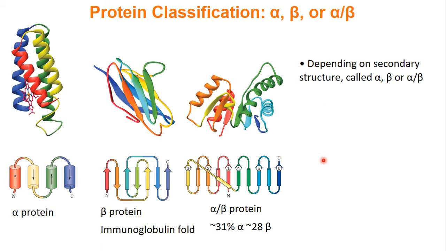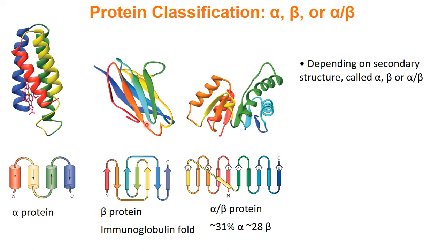Now, talking about globular proteins and tertiary structure, depending on what type of secondary structure we see in the tertiary structure, you can label proteins as being primarily alpha, beta, or a combination being alpha beta. For example, in this protein, we have 4 alpha helixes, and you can see that in both notations, so we call this an alpha protein.